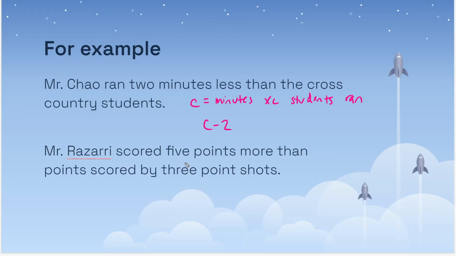Mr. Rosari scored 5 points more than the points scored by 3-point shots. Well, how many 3-point shots were scored? We don't know. So we'll just call that S. S is the shots scored.